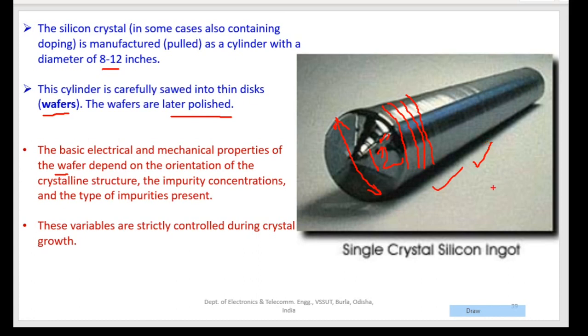The required doping that we want, that is the trivalent impurity or pentavalent impurity, those are the required, desired ones. So if required, those impurities may be added, but other than those, the non-required, undesired impurities, like dust particles and other things, should be totally avoided, otherwise they will hamper the electrical characteristics of the silicon wafer.